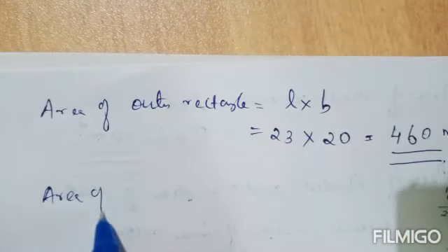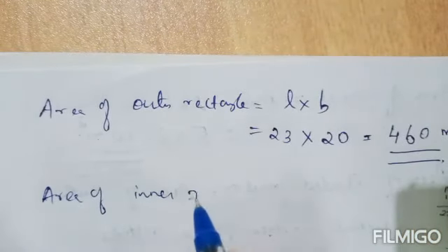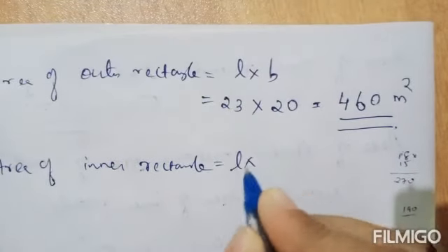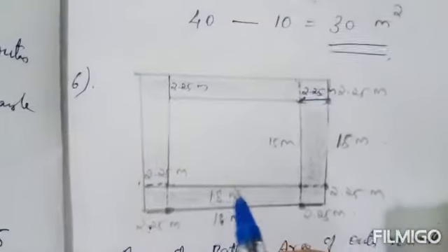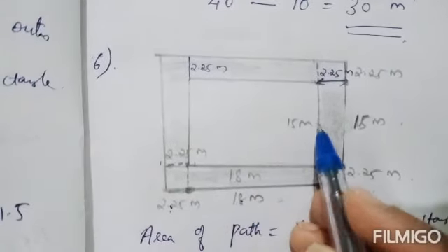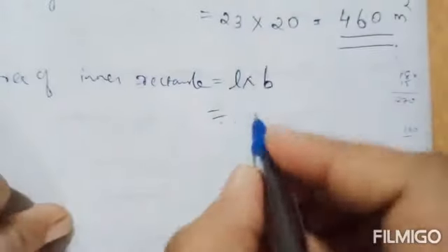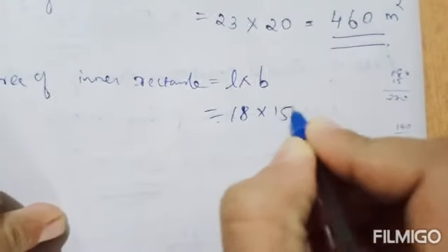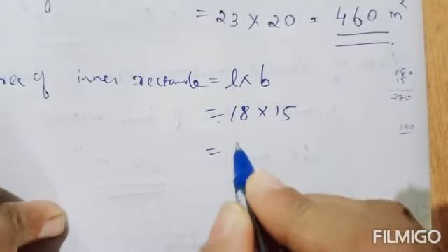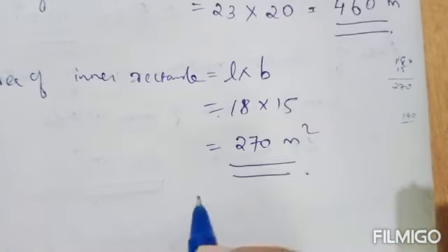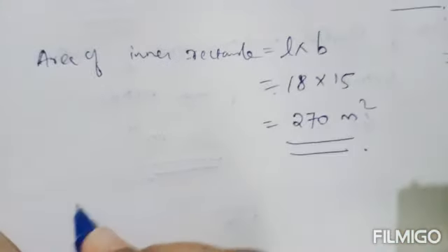Next, you can find the area of the inner rectangle. The formula is also L into B. The inner rectangle length is 18 meter and width is 15 meter. So area will be 18 into 15, you will get 270 meter square.